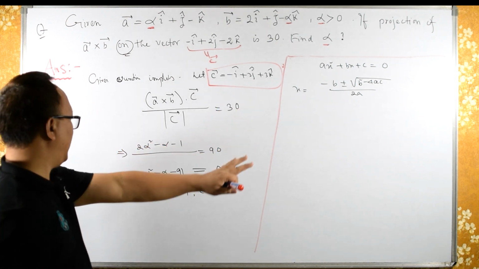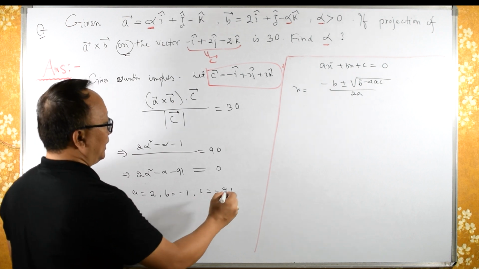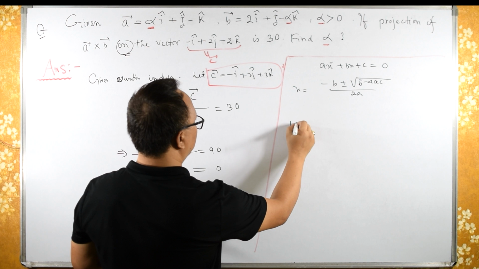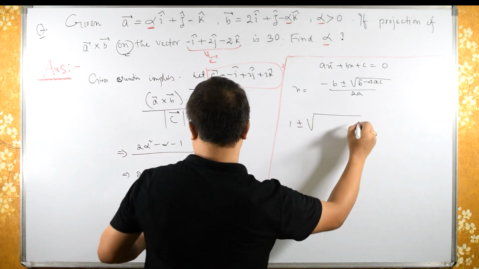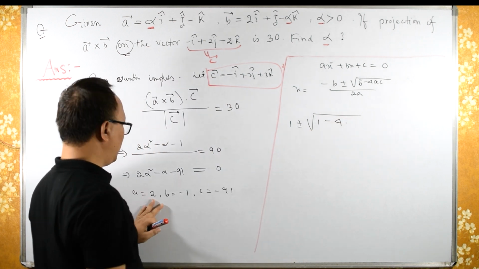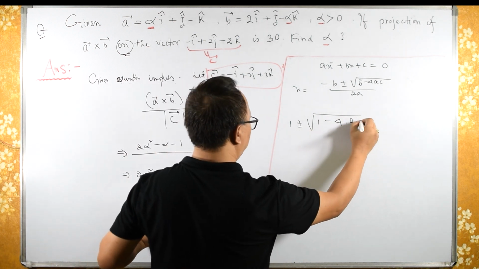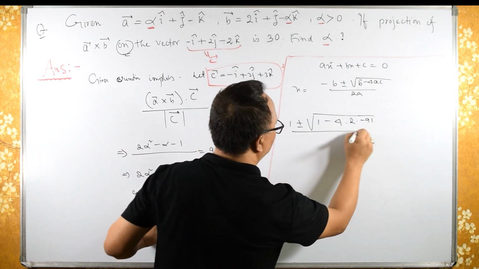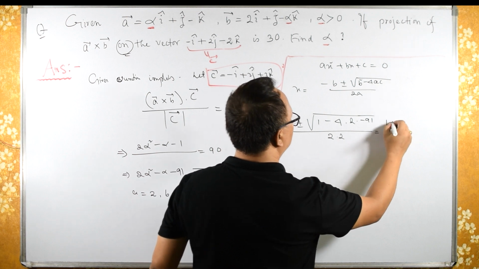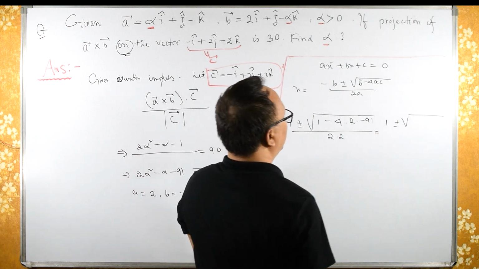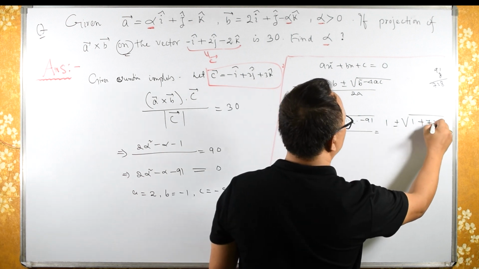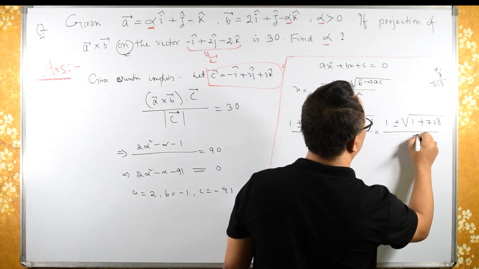So its values are equal to what? Let's write down over here. Minus b, here minus minus 1, plus minus square root of b square. What is b? 1 square is 1, minus 4a, which is 2, c is minus 91, upon twice a, which is 2, is equal to 1 plus minus, here minus plus, here 1 plus 728 upon 4.